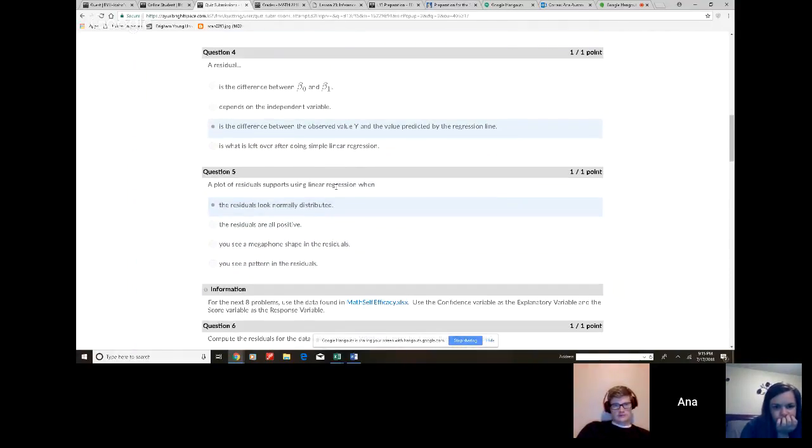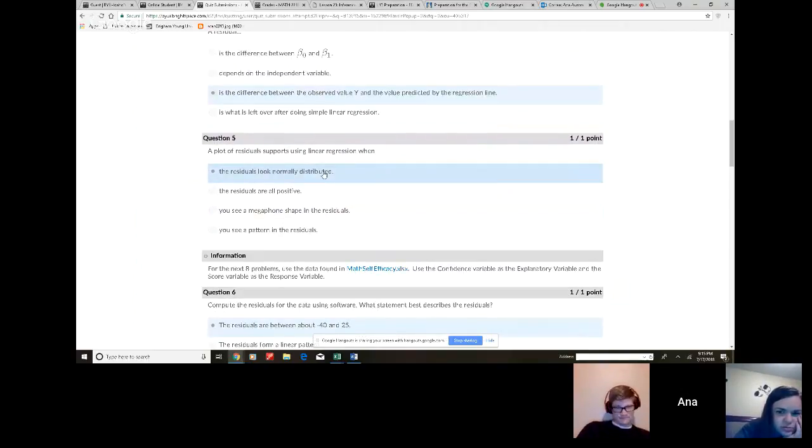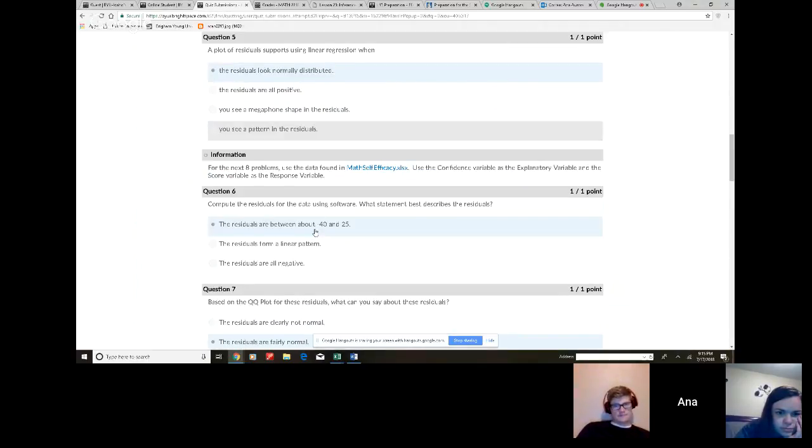The plot of residuals supports a linear regression when the residuals look normally distributed. For graph 4, the options are 1, 2, 3. For that one, I put the first one. The residuals look normally distributed. Yeah, this is the first one.